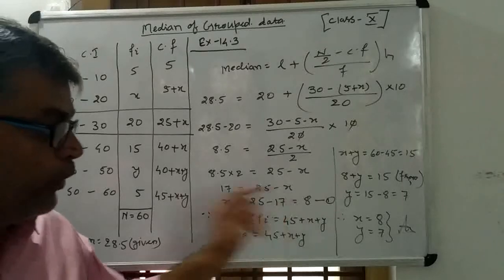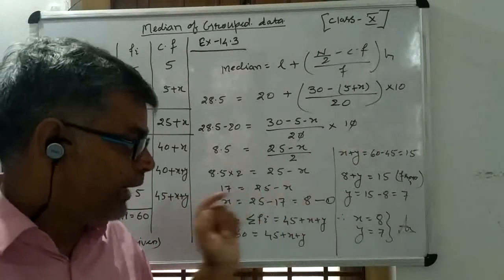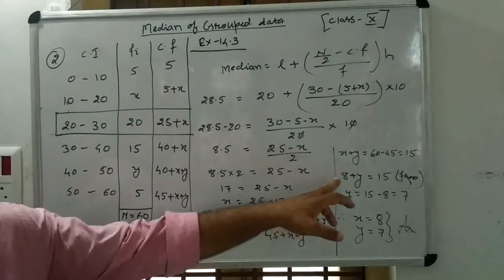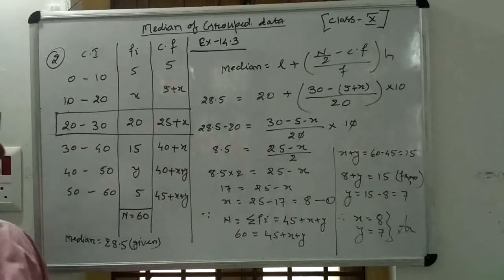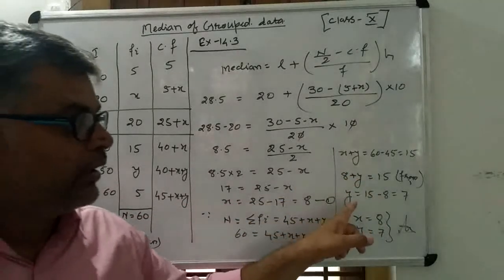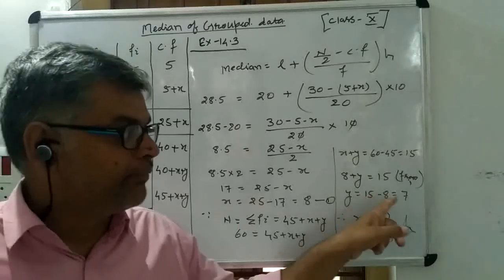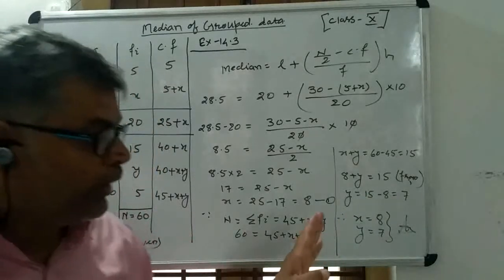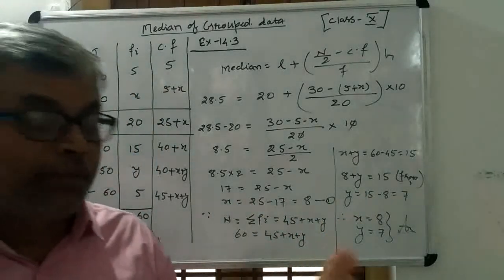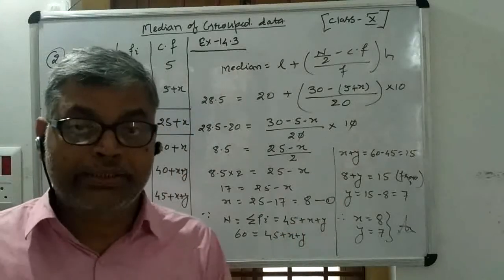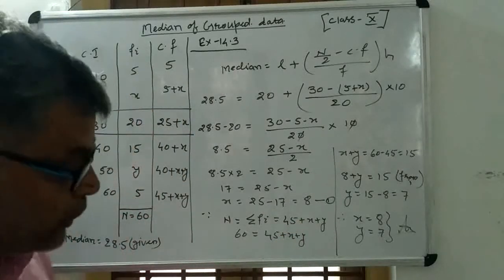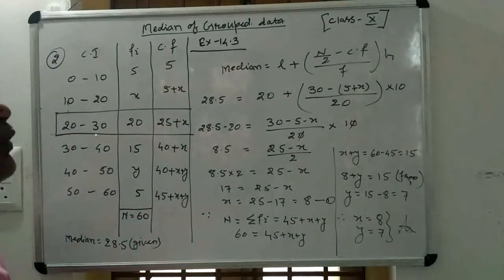Now we already know from equation 1 the value of x, which is 8. So 8 plus y equals 15, and transposing, y equals 15 minus 8, which is 7. So in this way you got the values x equals 8 and y equals 7, which is your required answer.